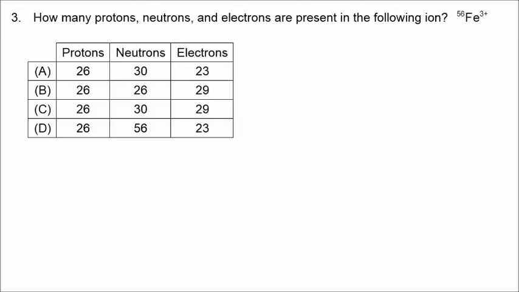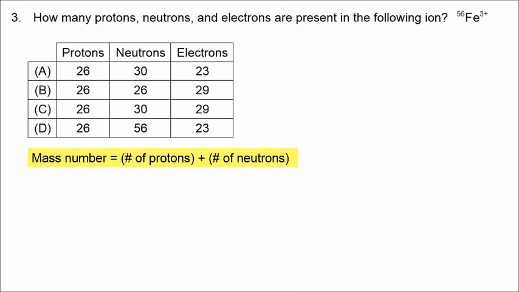In number 3, this is a pretty simple question. We know that iron has an atomic number of 26 on the periodic table, so it has 26 protons. It has a mass number of 56. The mass number is the sum of the protons and neutrons, so 26 plus 30 is 56.